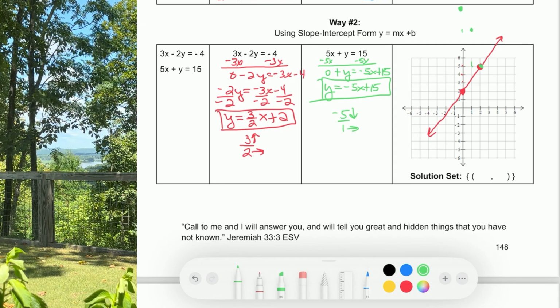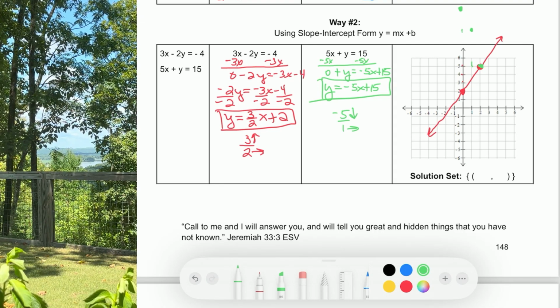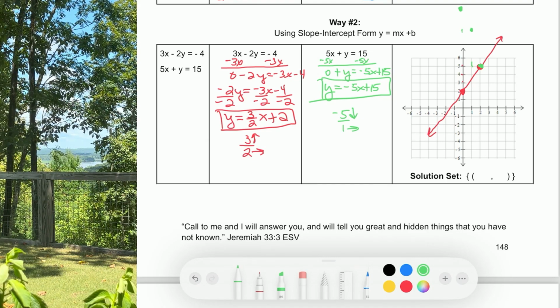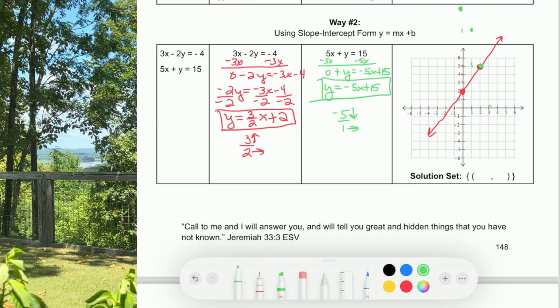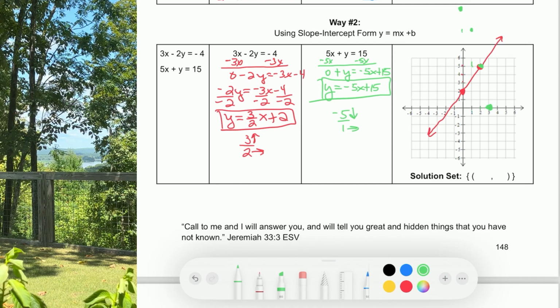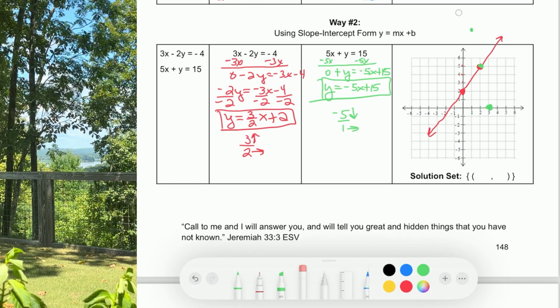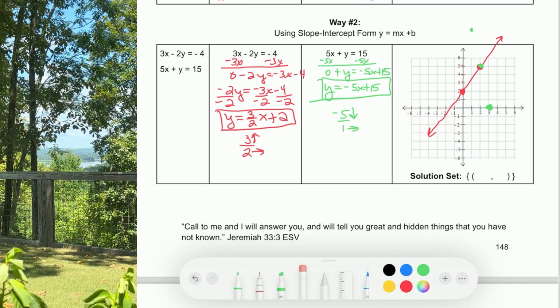Just to give me a second coordinate, I'm using my slope to help me find multiple coordinates so that I have a better chance of getting a more accurate line. From there, I'm going to go down 5 and over 1. So I'm right here for that other one. All right, so I'm going to erase this one just because it's not lining up as nicely as I need it to. But it gave us a frame of reference to at least start from.